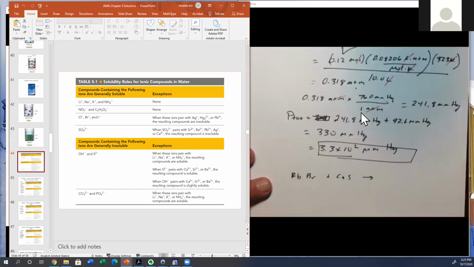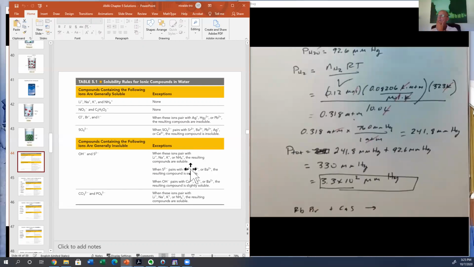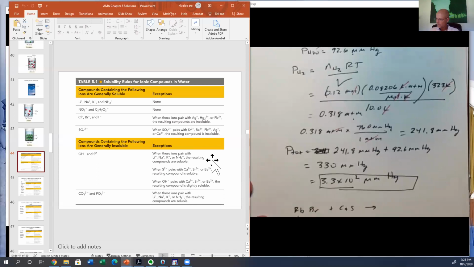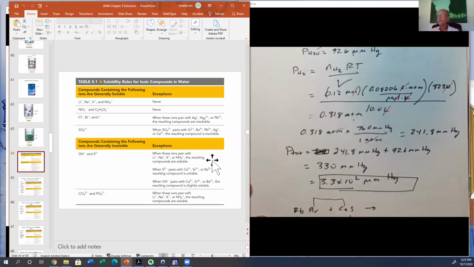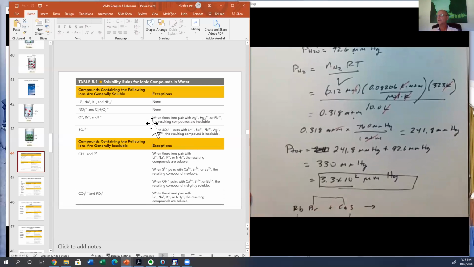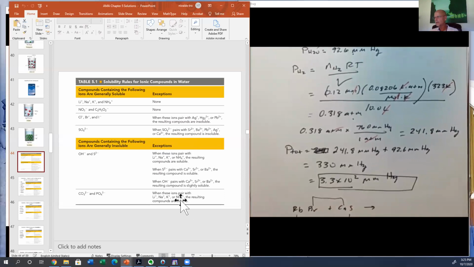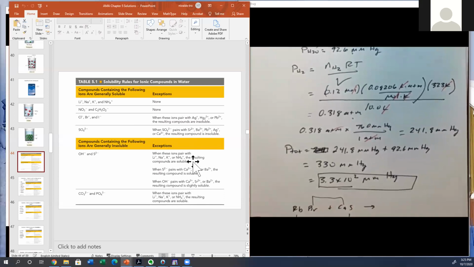So you got rubidium sulfide and calcium bromide. So calcium bromide is soluble and rubidium sulfide is insoluble, right? That's what I thought at first, but I got it wrong.